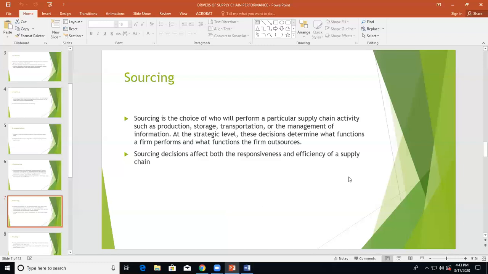Sourcing is also called internal or external functions. For example, if you are not outsourcing your transportation, like Walmart has not outsourced their transportation. They want to improve their responsiveness, so they have their own transportation fleet, which moves the product from the warehouses to their retail stores. So yes, they have not outsourced.